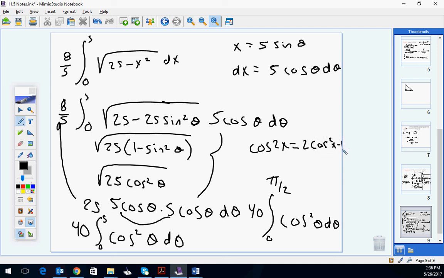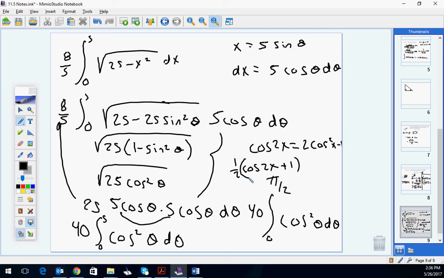And when you solve for cosine squared x, you're going to get 1/2 cos. You're going to get that when you solve for cosine squared x. So that's a double angle formula that we are changing into getting cosine squared by itself.